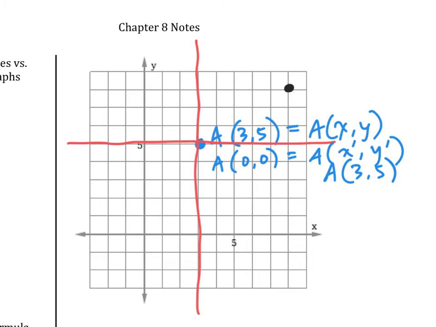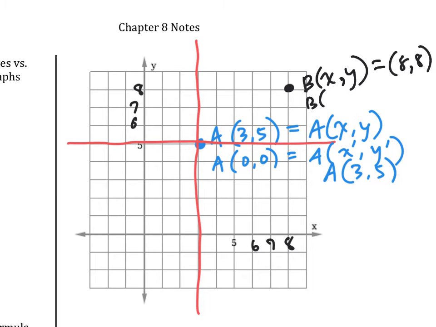Let's say we call this point B. In the old axis, you can see this point is 6, 7, 8, 6, 7, 8. So this point is 8, 8 in the old axis. In the new axis, A is now my origin, right here. Since this is 0, 0, we count this way from A being 0, 0. So this is 4, 3. So in the new origin, this is 4, 3.